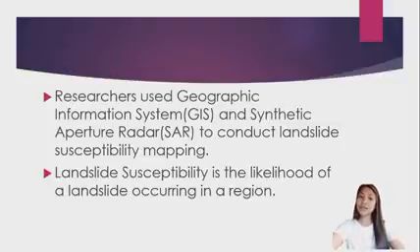Also, based on the local terrain situation, the likelihood of landslide occurring in a region is referred to as landslide susceptibility, or what we call LS. To predict the future landslide of an area, it is very essential to map the previous and the current landslides occurring in a projected area.